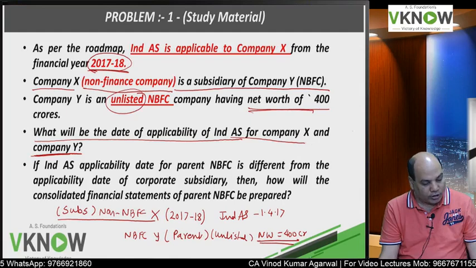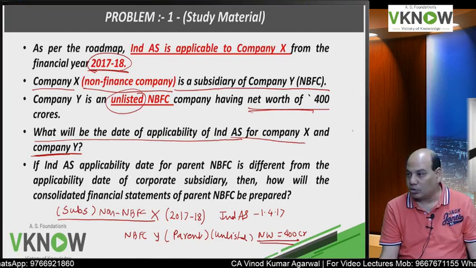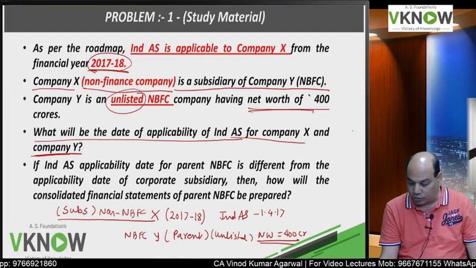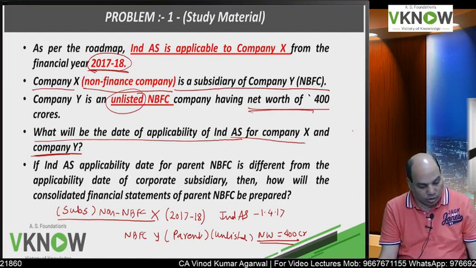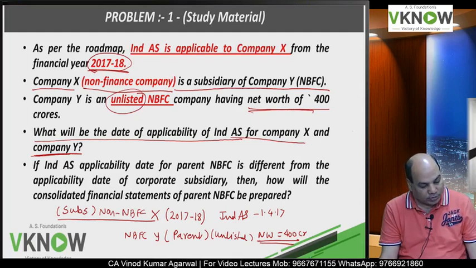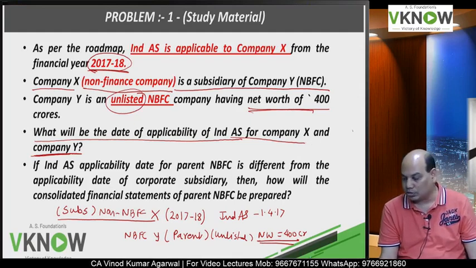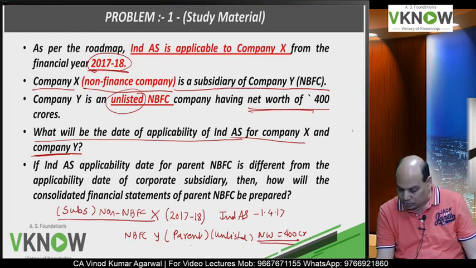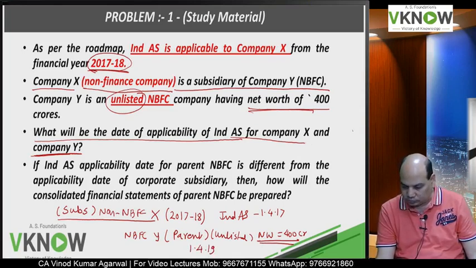For 1/4/18, its net worth should be 500 crore or more, but it is only 400 crore. Okay. And from phase 2 applicable, either it is a listed company or unlisted company whose net worth is 250 crore or more. So this will be applicable from 1/4/19. Okay.